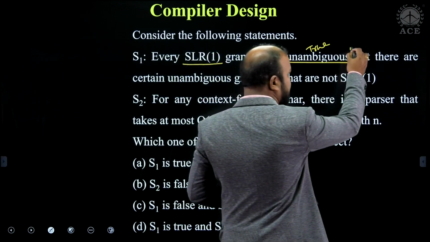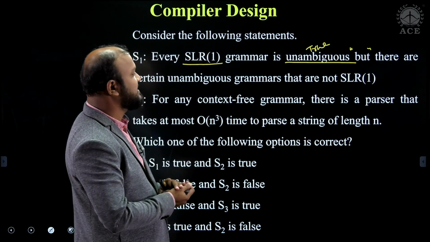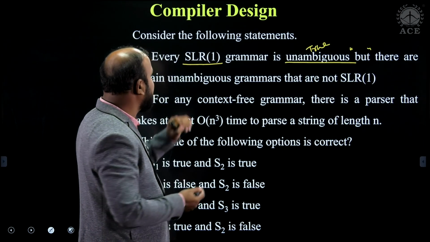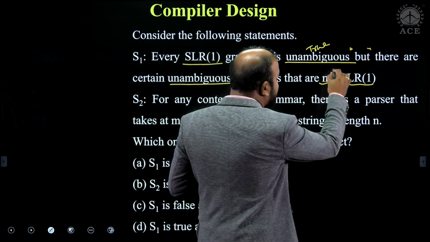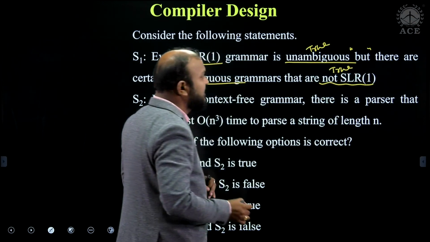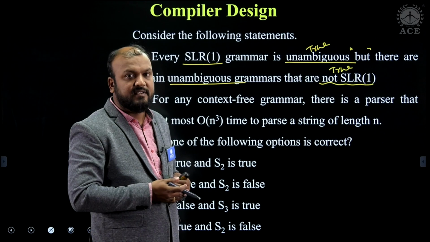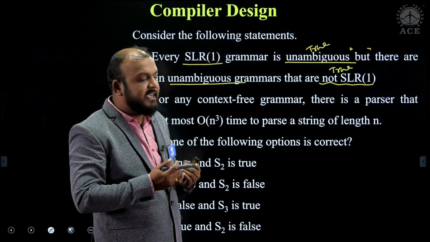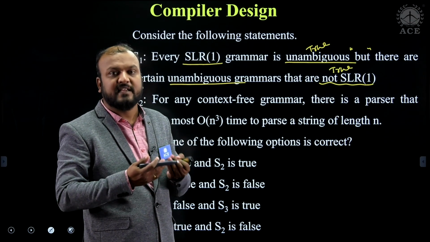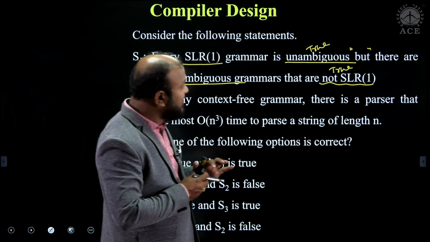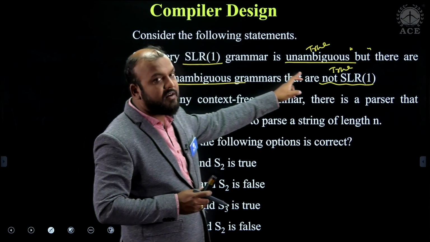But there are certain unambiguous grammars that are not SLR(1). Is the statement true? Yes. Why? The superset of SLR(1) is LALR(1) and CLR(1). A grammar that is SLR(1) will definitely be LALR(1) and CLR(1). But a grammar that is LALR(1) and CLR(1) need not be SLR(1). What is the statement given? There are certain unambiguous grammars that are not SLR(1).